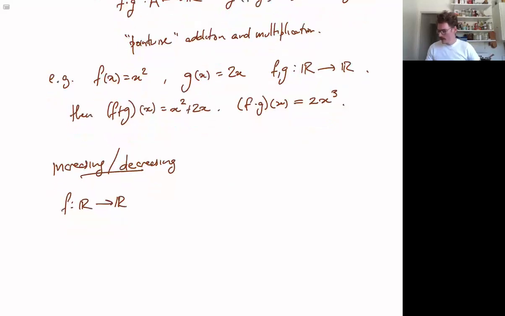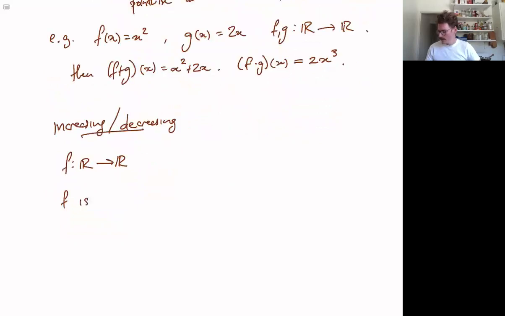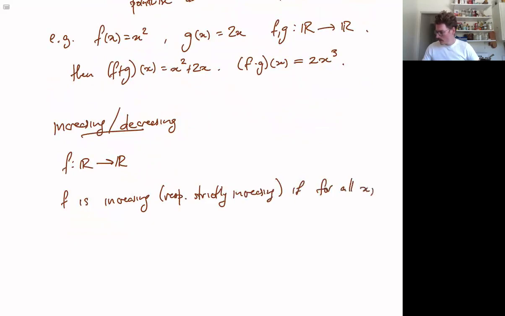So f, like so, is increasing or strictly increasing if for all x and y, if x is less than y, then f of x is less than or equal to f of y.